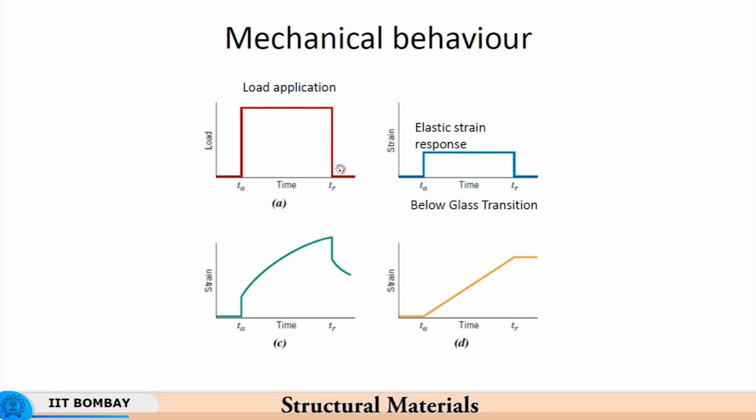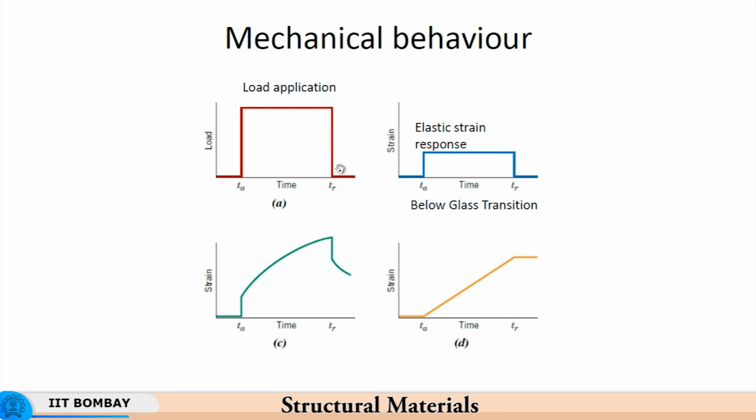So the instantaneous application of load will result in instantaneous rise of stress, and therefore instantaneous rise of strain, because now here you are talking about a behavior that is very similar to metals. Hooke's law is being followed, and therefore there is an instantaneous rise in the strain with instantaneous rise in the stress.